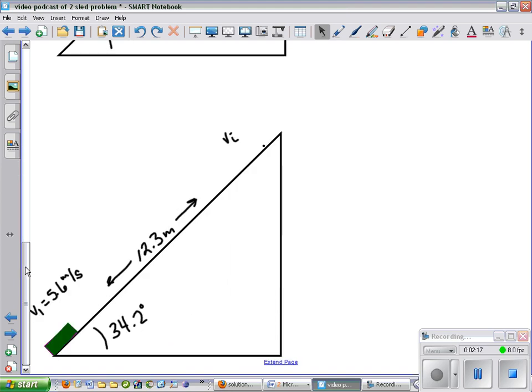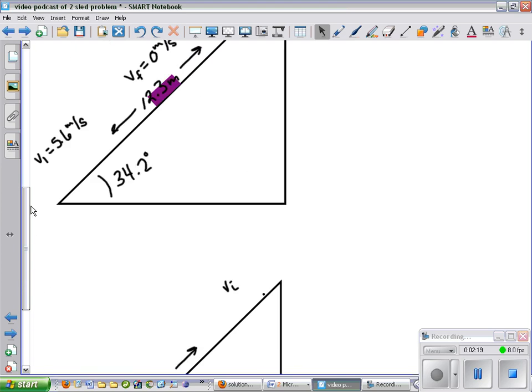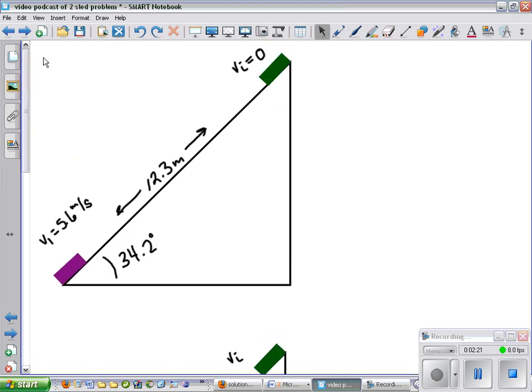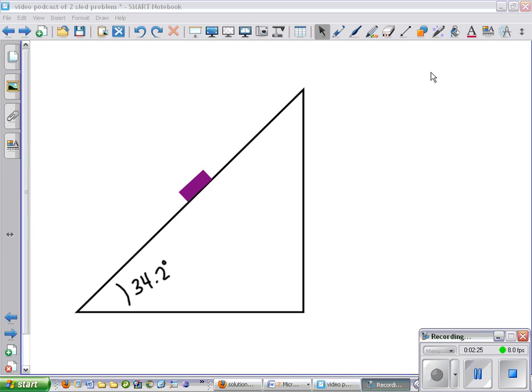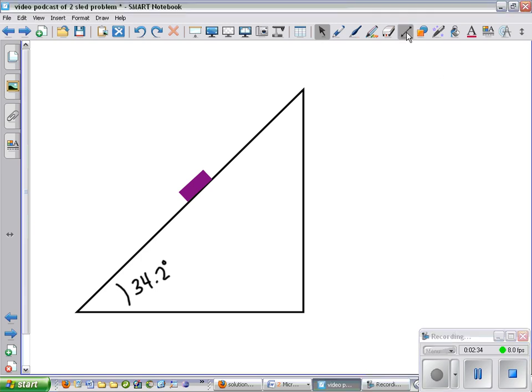So the first thing I'm going to do is calculate the acceleration of each one of the sleds. In order to calculate the acceleration, I have pulled off just one of the blocks and put it in the center of the diagram, so it's easier to draw the free body diagram.